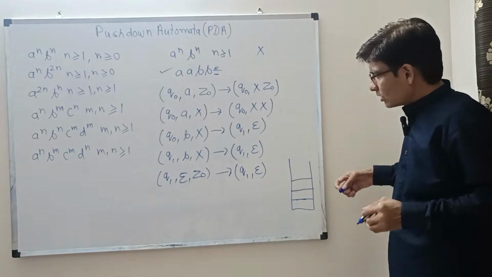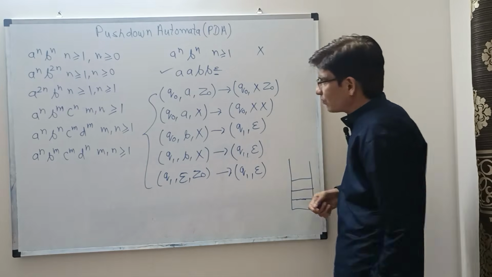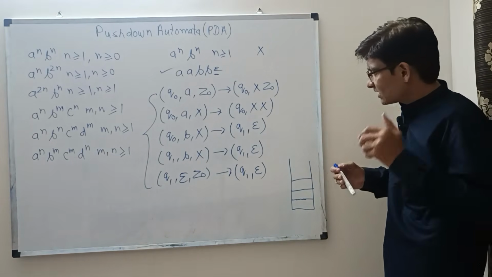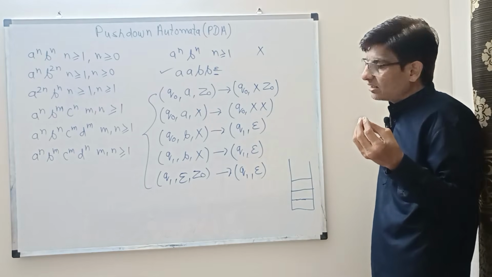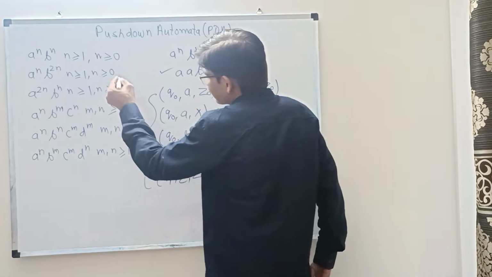So this is how you can create these 5 rules for that particular language. I hope it is very much clear. Now I will make a little change in this language, and here I have mentioned this condition.